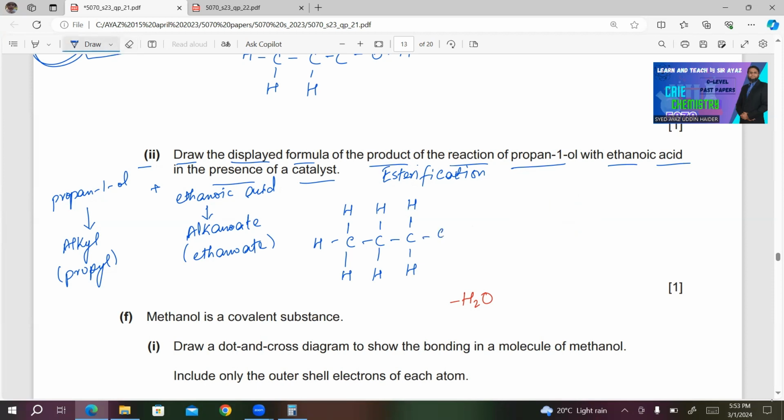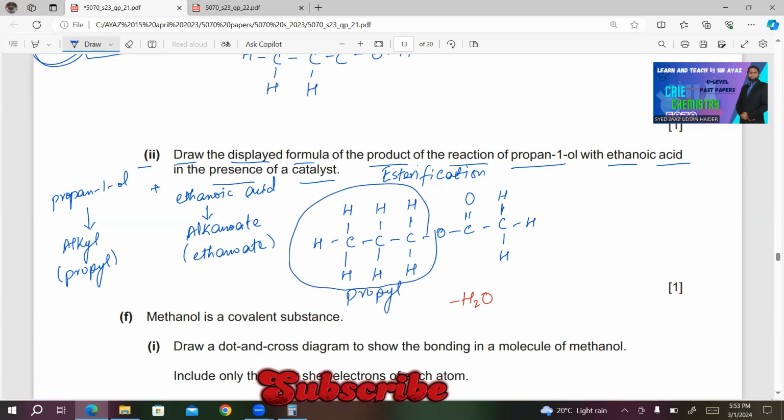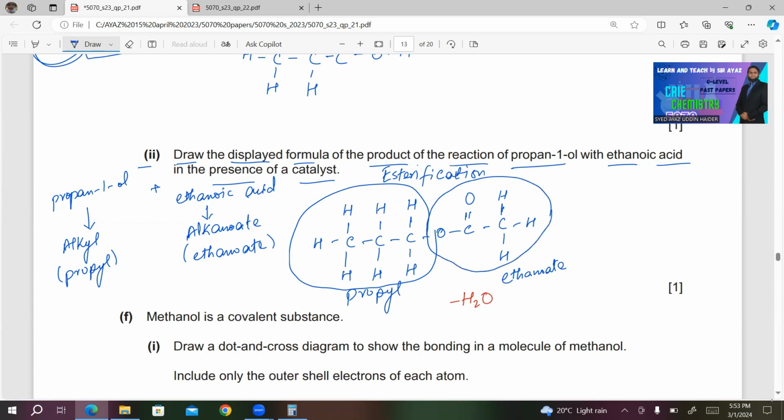Single bond O, single bond C, double bond O, CH3. This is propyl ethanoate. This one is propyl. This whole group is propyl. This whole group is ethanoate.